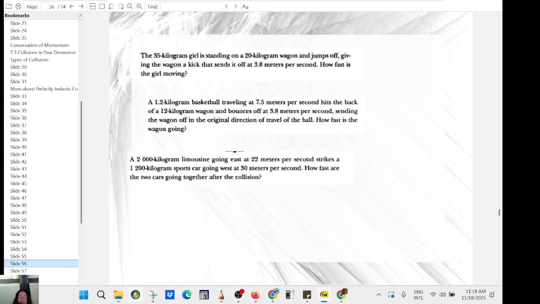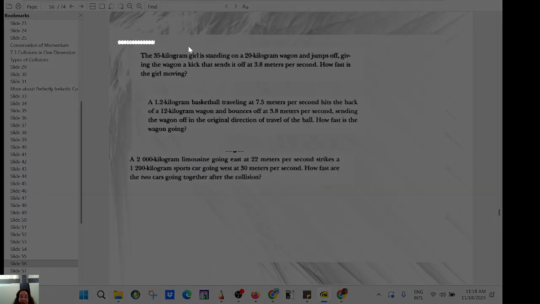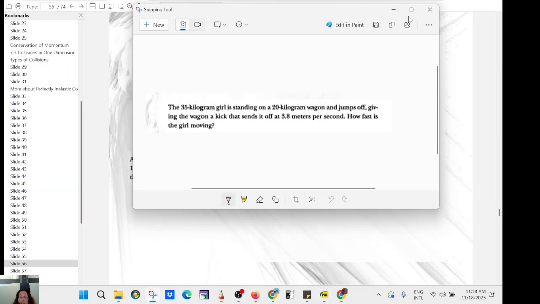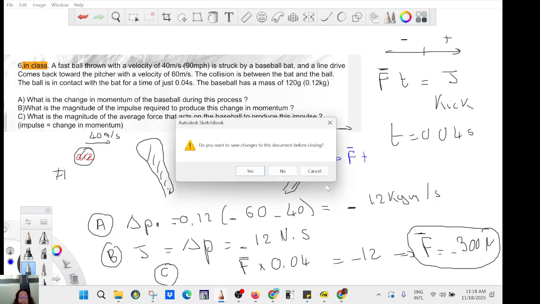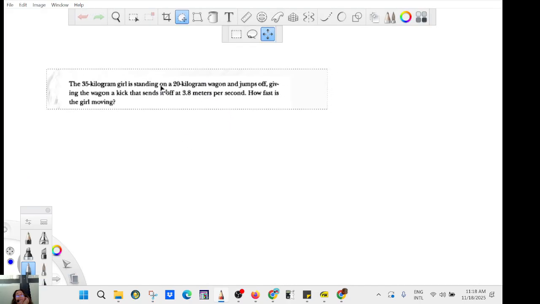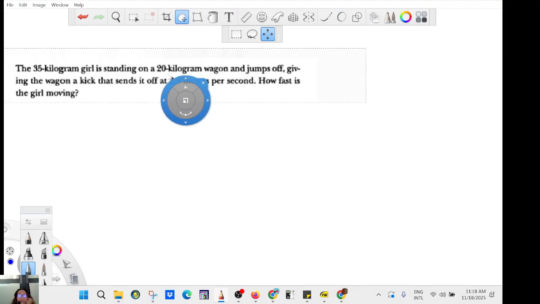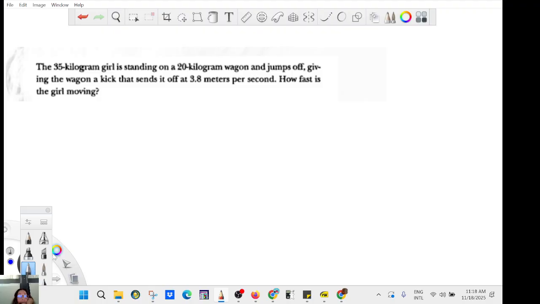Okay, let's do the little girl. Because little girls are cute until they are not. Okay, so try to do it. So first you do the drawing, right? You can help each other.